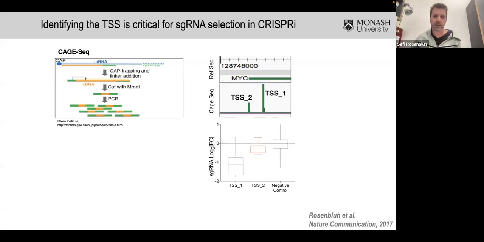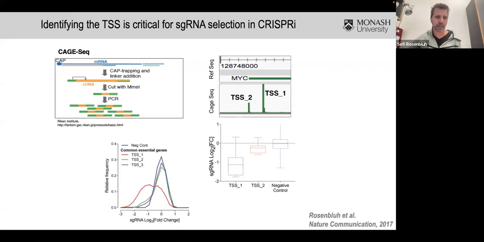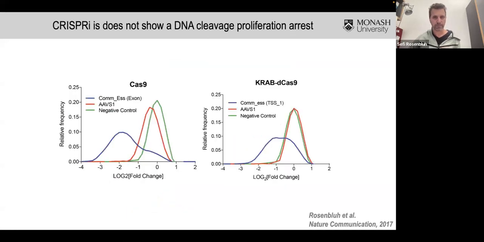That's why it's really important that we started using much more of this CageSeq methodology. Looking across a lot of genes, we could see that you only get a signal when you take the highest peak of these cell essential genes. So that is good, and based on this, we have a very good methodology to identify where and how to target genes with CRISPR-I.